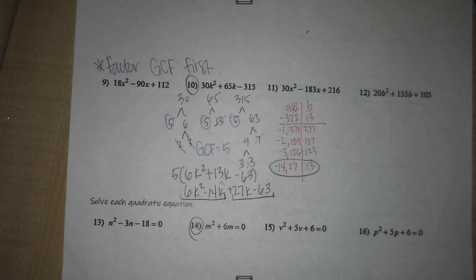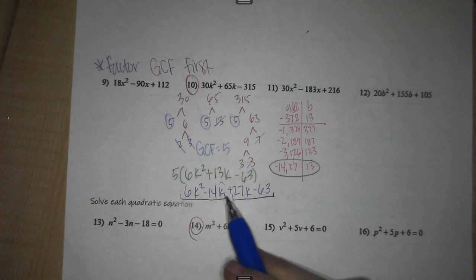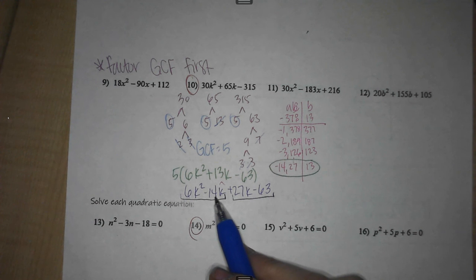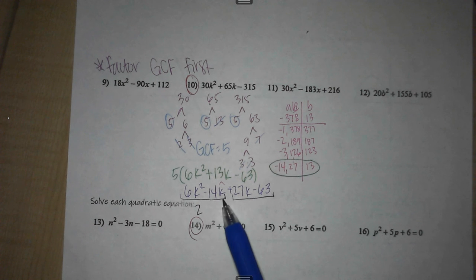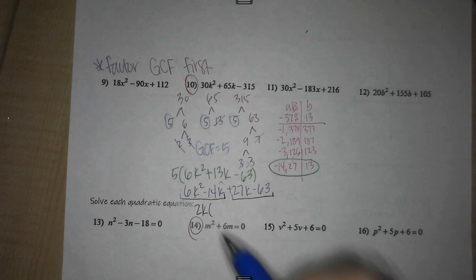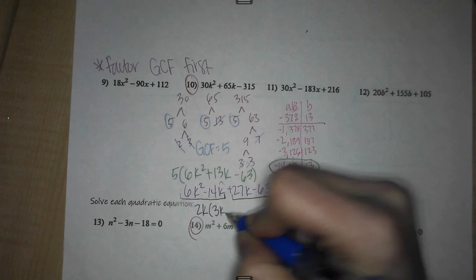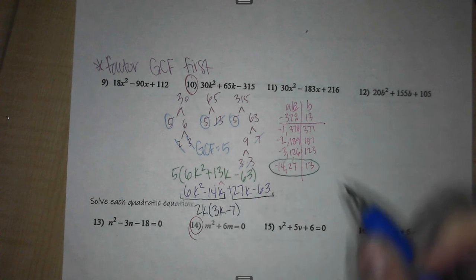So what is our common factor between 6 and 14? The number is going to be 2. We also have a common variable, so 2k. Then on the inside, we're left with 3k minus 7.